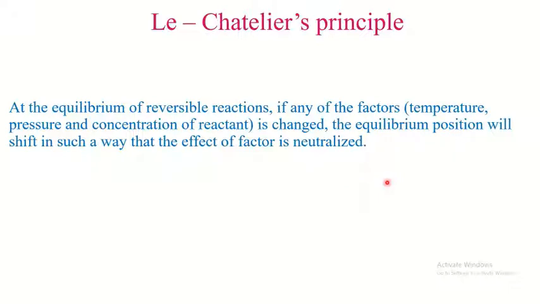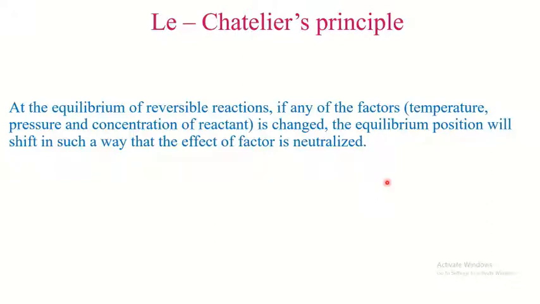But in this equilibrium state, if any factor, temperature, pressure or concentration of reactant, is changed, then the reaction will go in such a way that either the forward reaction rate will be increased or the backward reaction rate will be increased. That means the equilibrium position will shift so that the change of factor will be neutralized. Now, this Le Chatelier's principle we will read in detail.